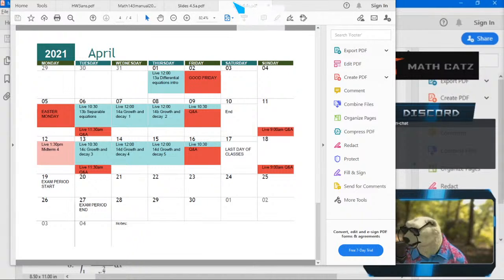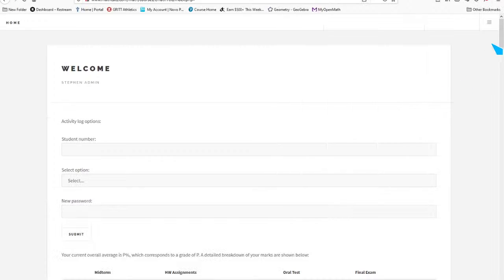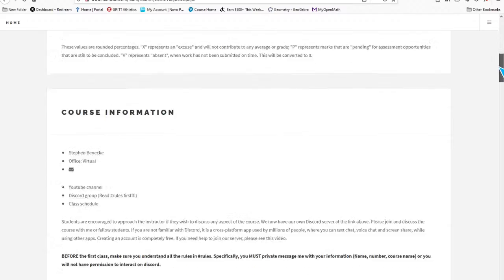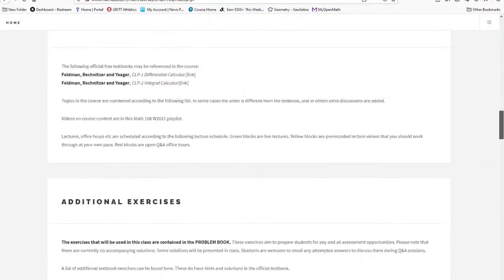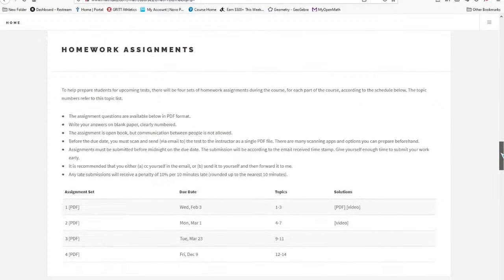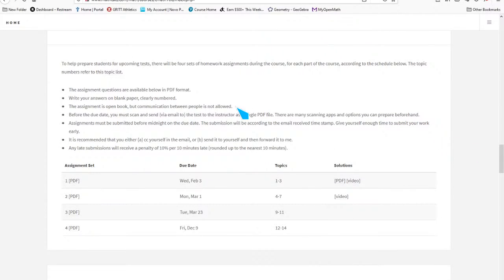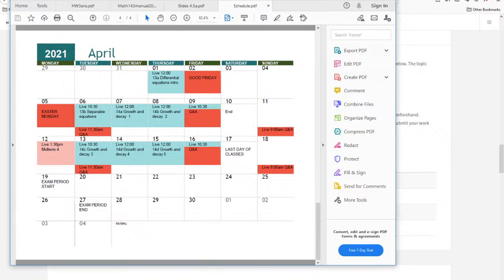Let's see what it says here. Homework assignment, due date Friday the 9th. See? It's all there. Friday the 9th, and that's, of course, midnight on that due date day.